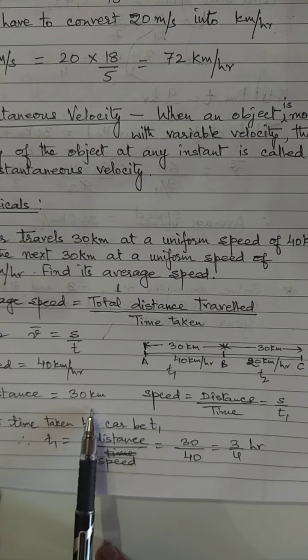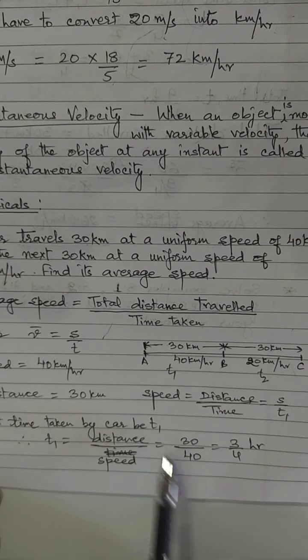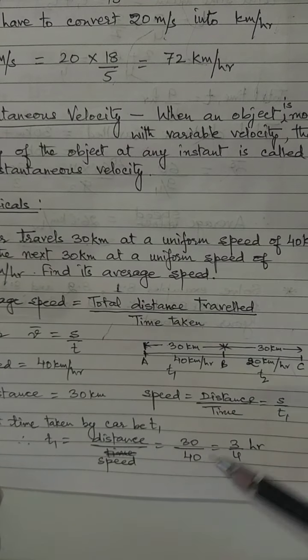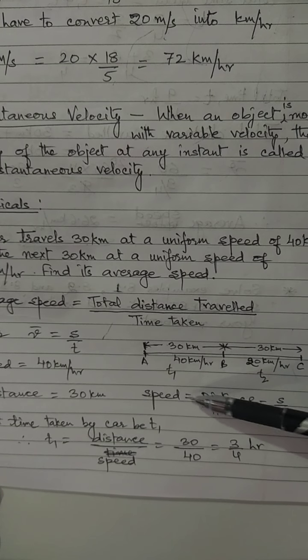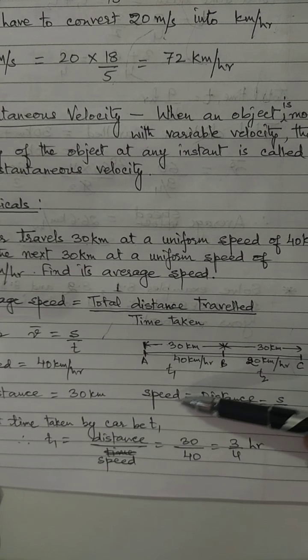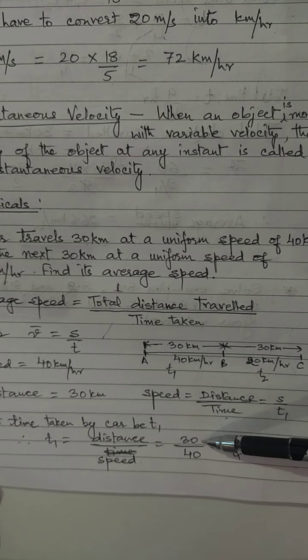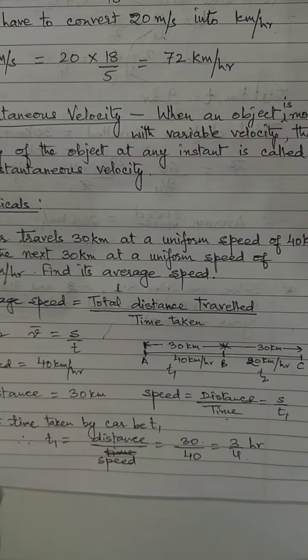Now distance is equal to 30 km. Let time taken be t1. Speed is equal to distance upon time, so time is equal to distance upon speed. Distance upon speed is equal to 30 by 40 is equal to 3 by 4 hour.